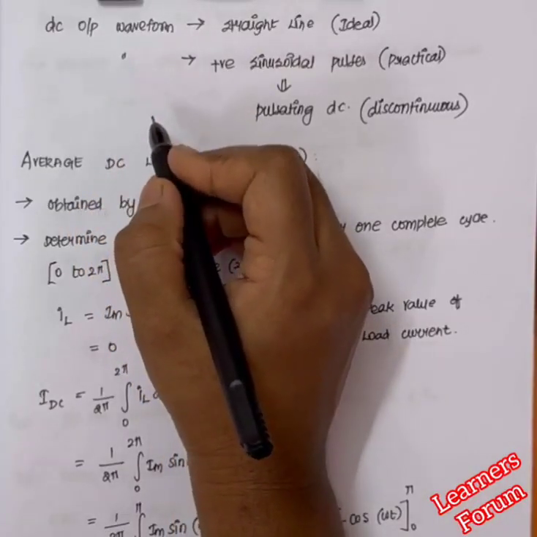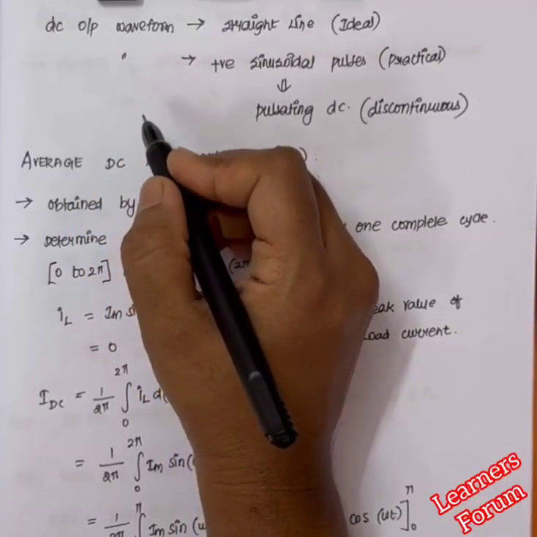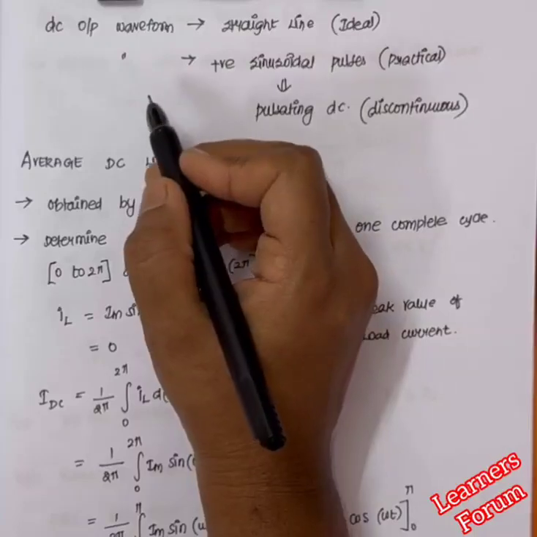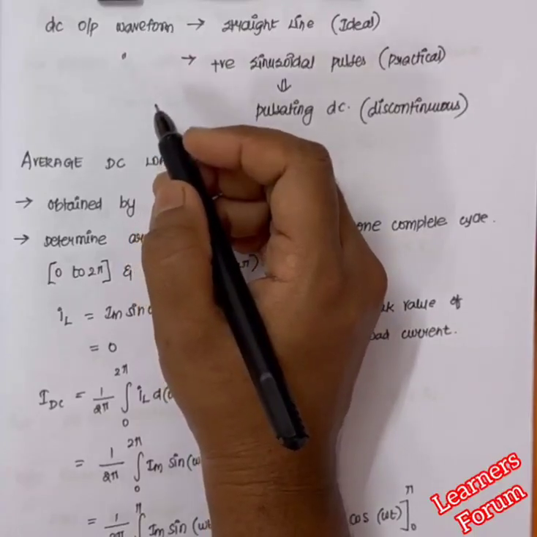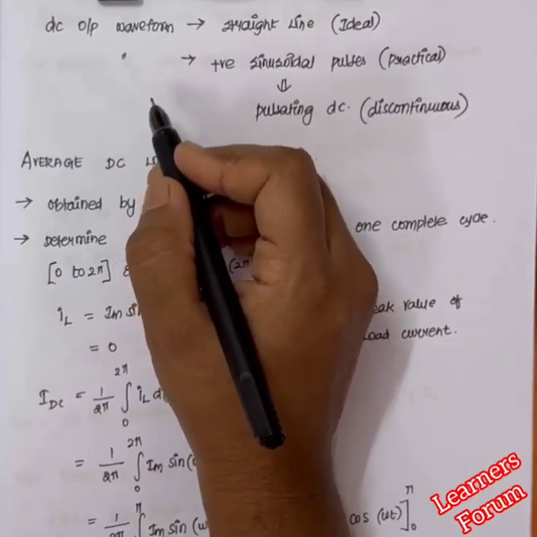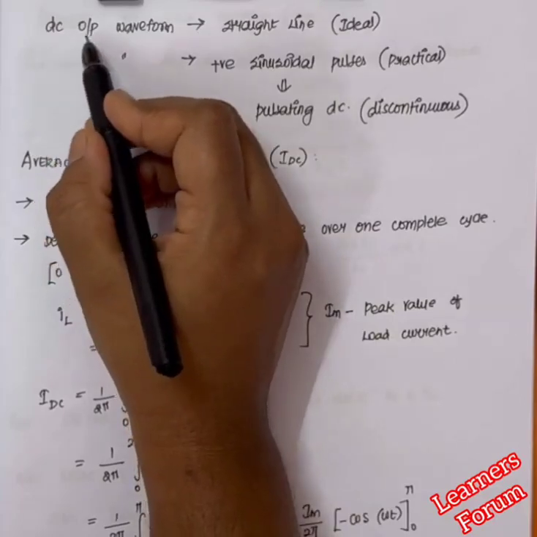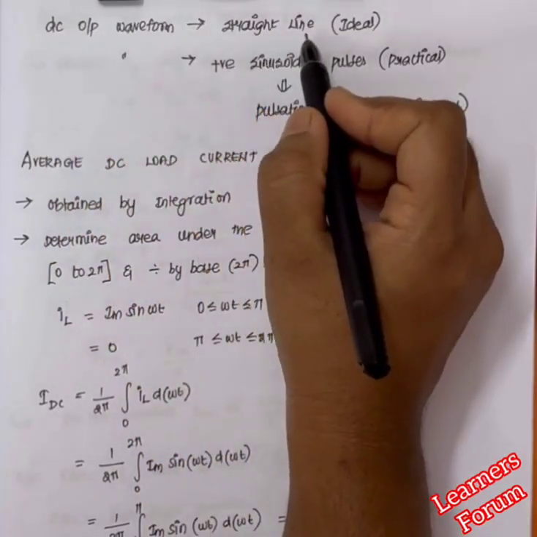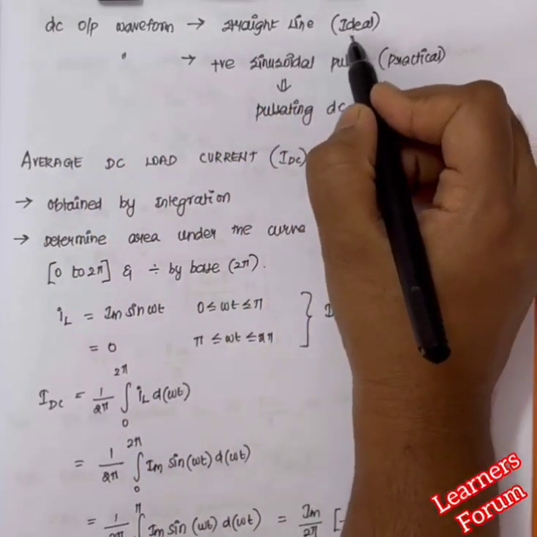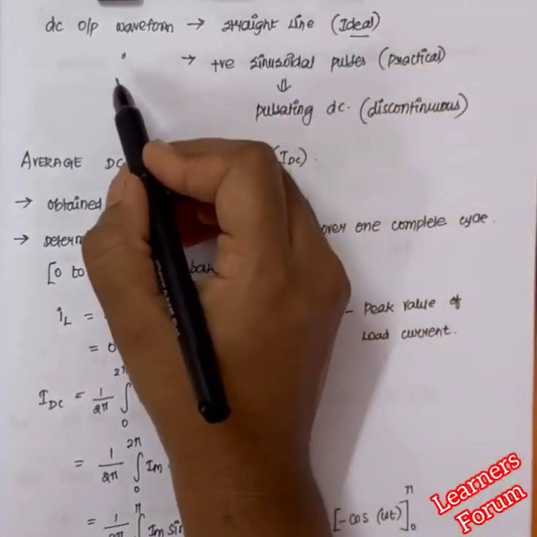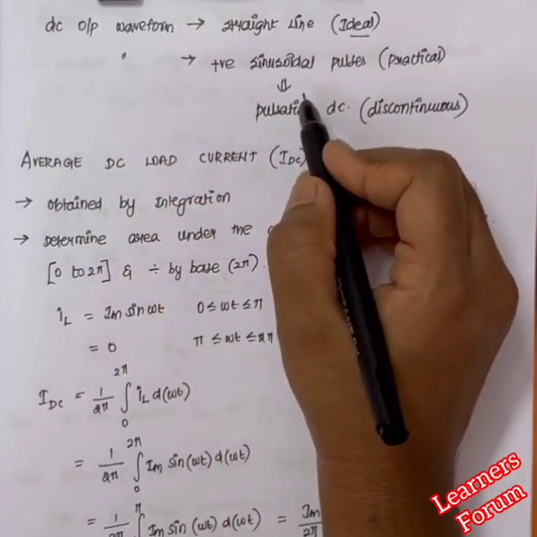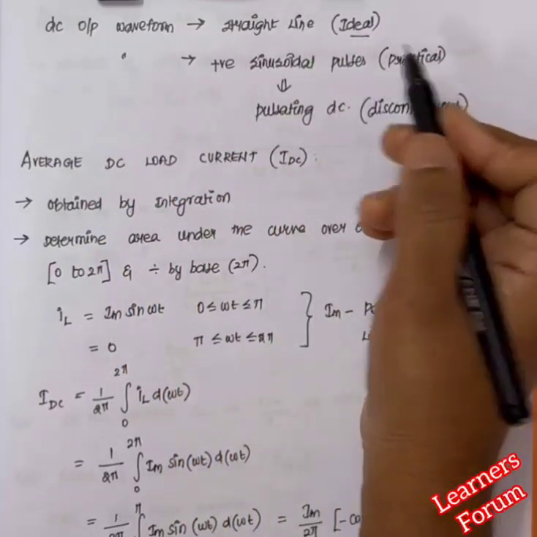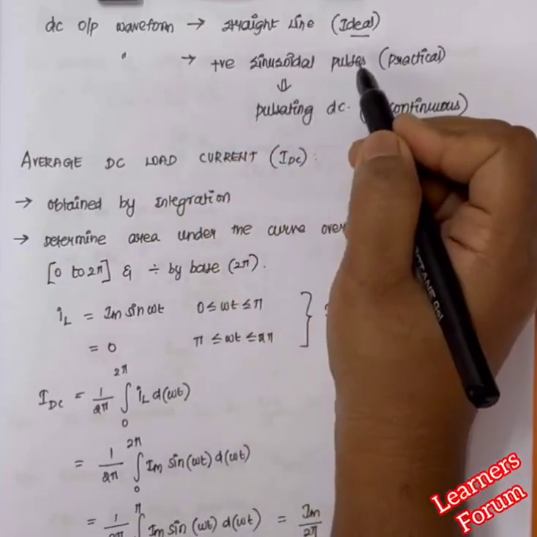Before starting with the complete detail about the rectifier, I said how it is differentiated based on pulsating DC and DC signal. The DC output waveform is nothing but a straight line, which happens only in ideal condition. But the DC output waveform in practical condition will vary, and will have positive sinusoidal pulses.